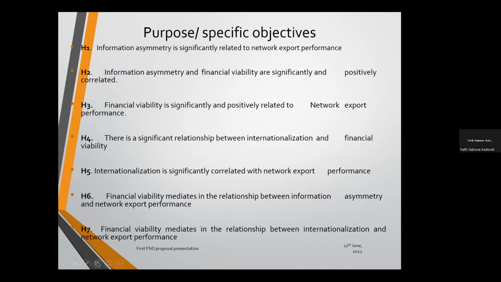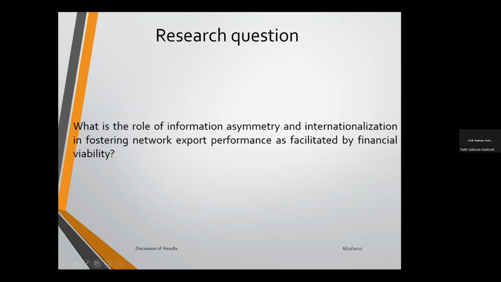Hypothesis 4 indicates that there's a significant relationship between internationalization and financial viability. Hypothesis 5 indicates internationalization is significantly correlated with network export performance. Hypothesis 6 indicates that financial viability mediates in the relationship between information asymmetry and network export performance. Hypothesis 7 indicates financial viability as a mediator in the relationship between internationalization and network export performance.